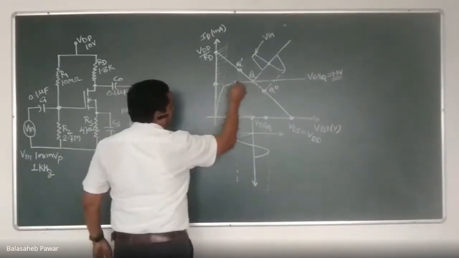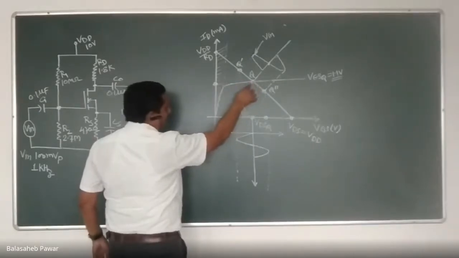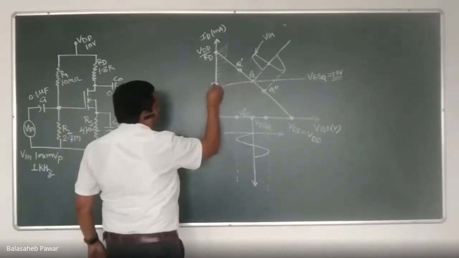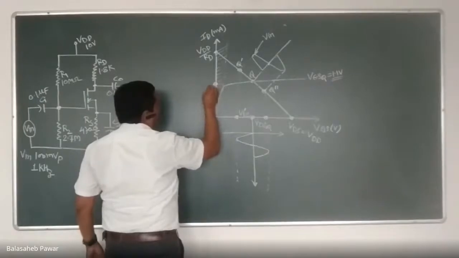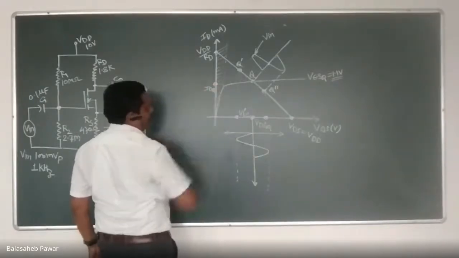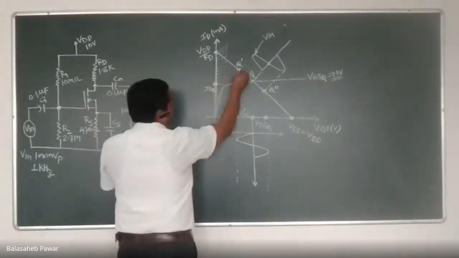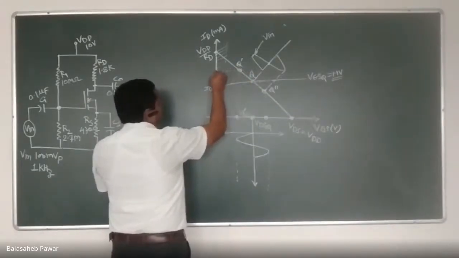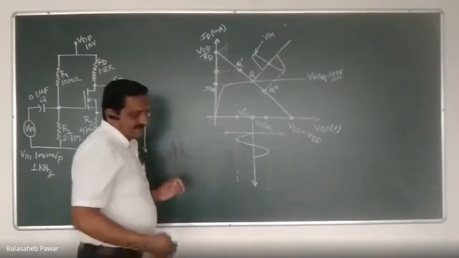Now the same thing you can observe for change in current also. See, respective to that Q point, the obtained output current will be IDQ. This is nothing but the drain current. Already we discussed, during the positive half, that drain current also gets increased. Are you agree with this?